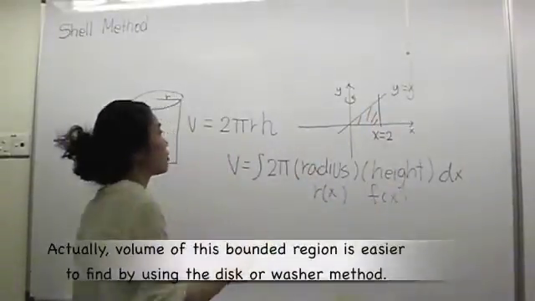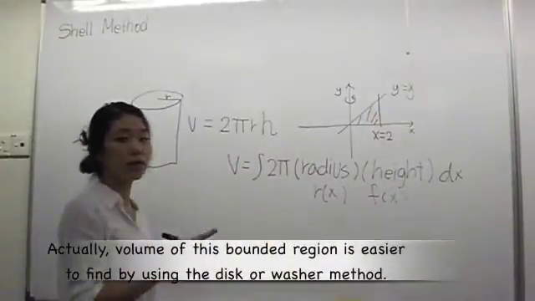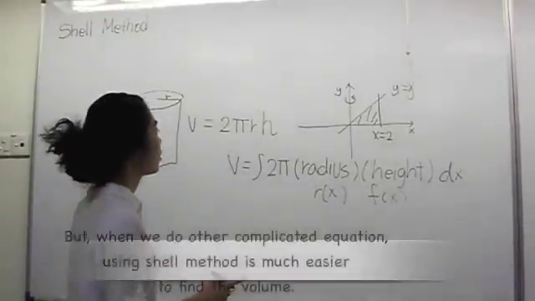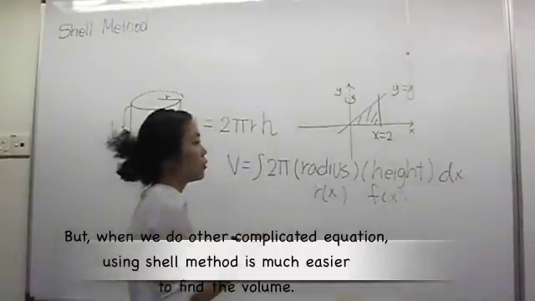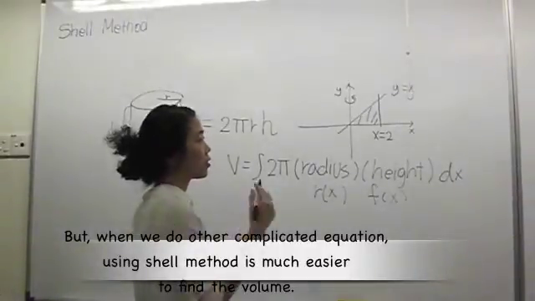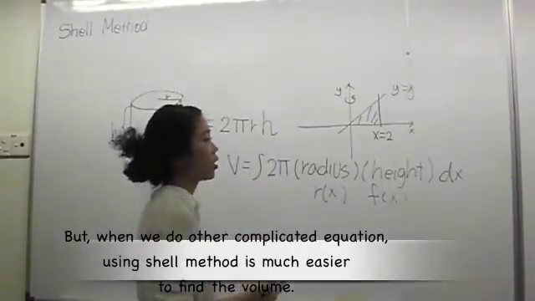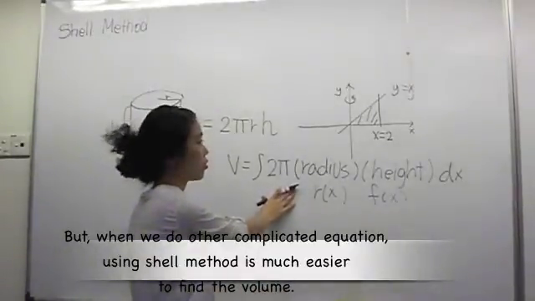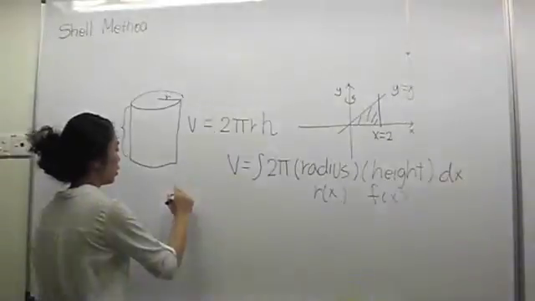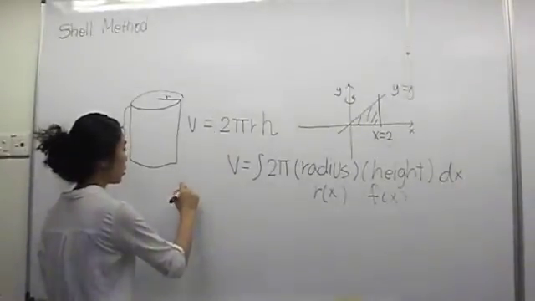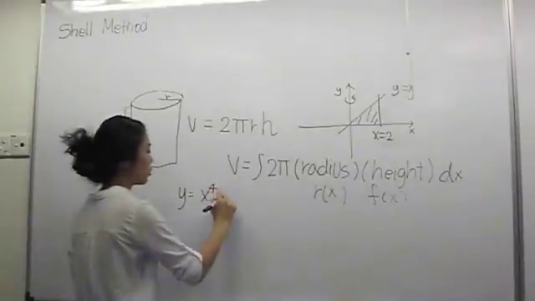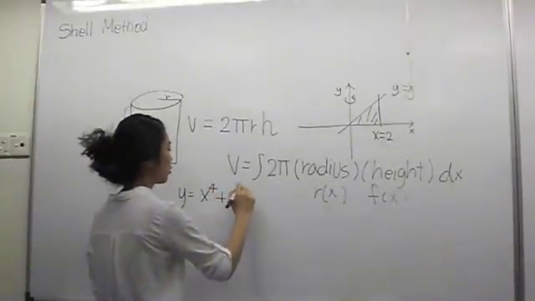Actually, this one is very easy to find using this method or the washer method. But when we do other complicated equations, it is much better to use this shell method to find the volume. Y equals x to the power of 4 plus x cubed.